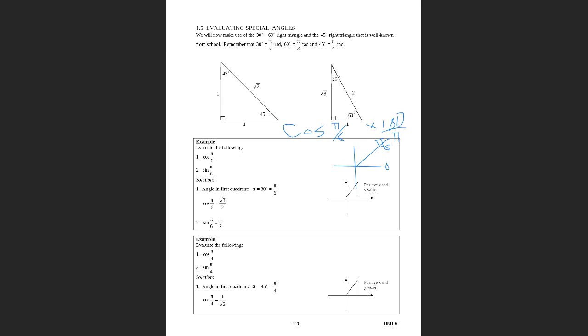So the reference angle is pi over 6 minus 0, which gives the same pi over 6. And pi over 6 is a special angle, so we can easily find the cos or the sine.